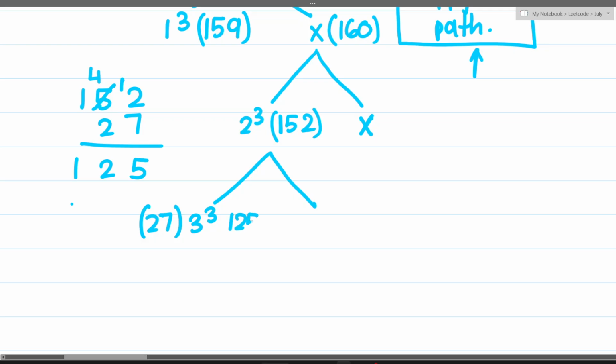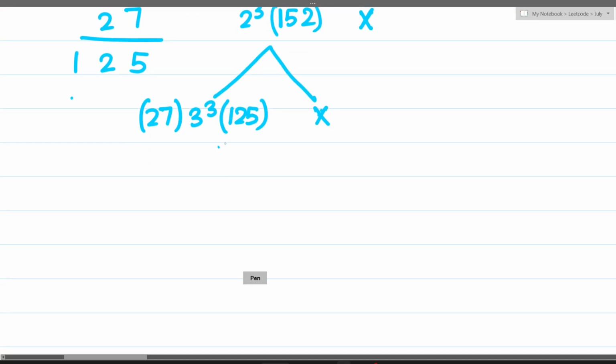Now I have 125 remaining, and I also had a possibility to skip 3 to the power 3. Now should I or should I not take 4 to the power 3, which is equivalent to 64? I actually am not going to take 4 to the power 3. So I'm going to skip it.